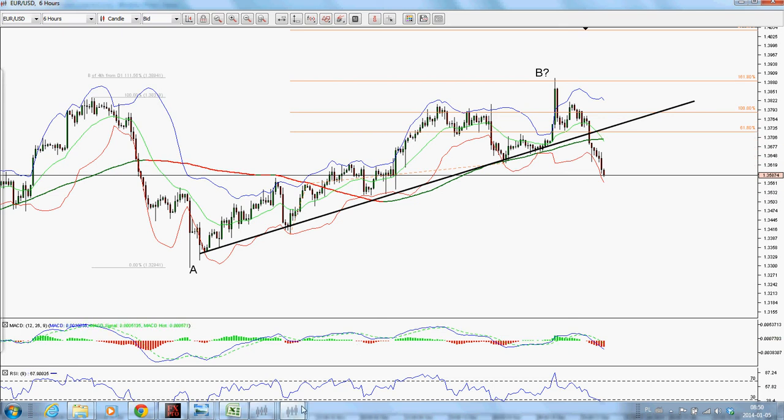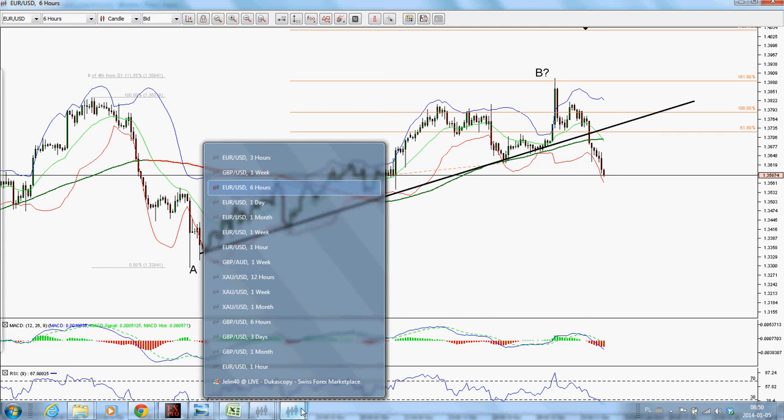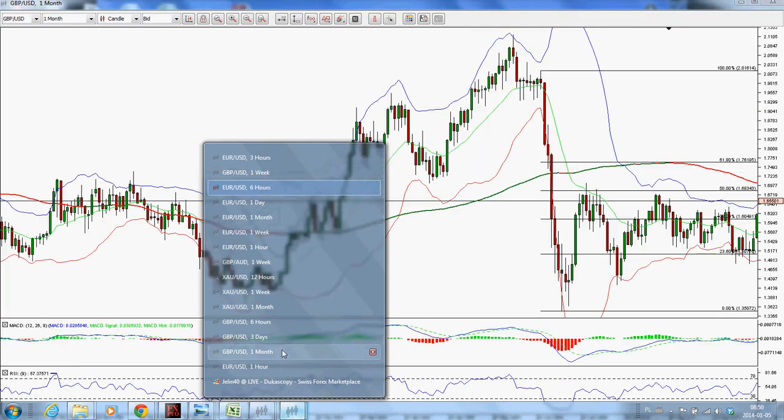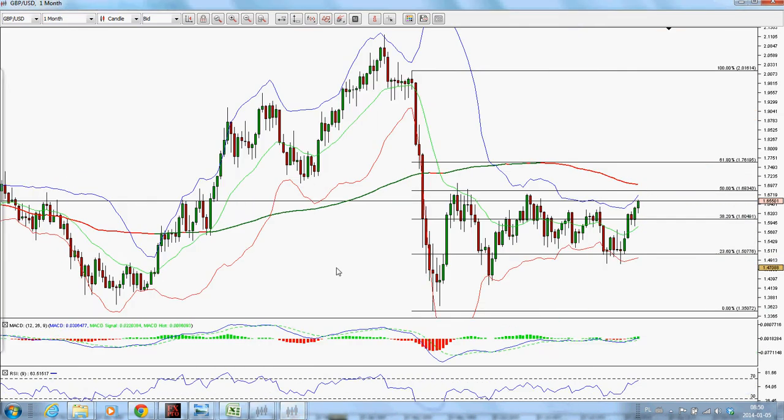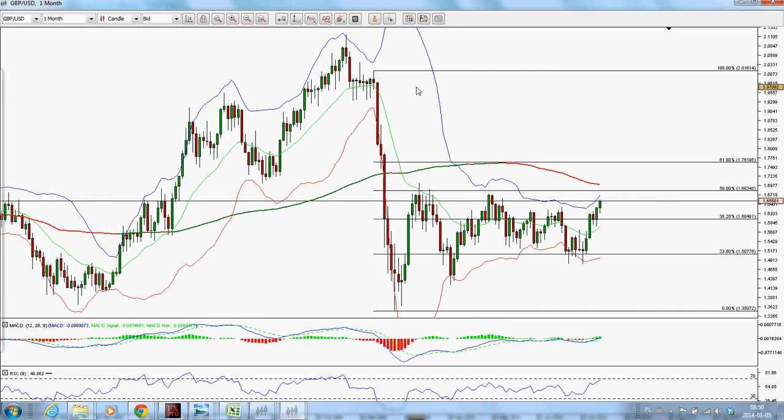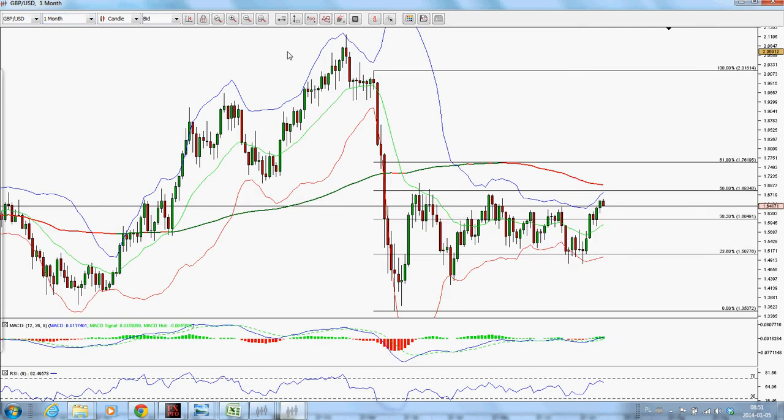Let's go to the Great Britain pound USD. This is a monthly chart, and this is the whole development, 1, 2, 3, most probably a fourth wave. The question is whether this fourth wave, a corrective wave, has already ended.